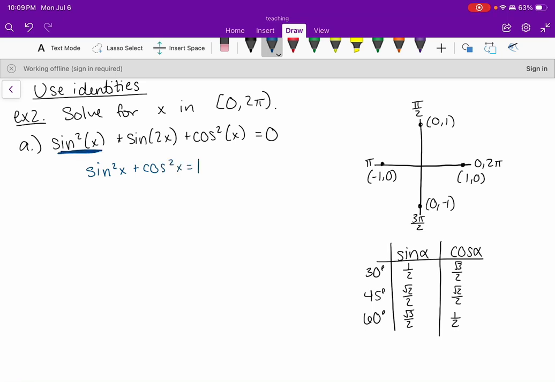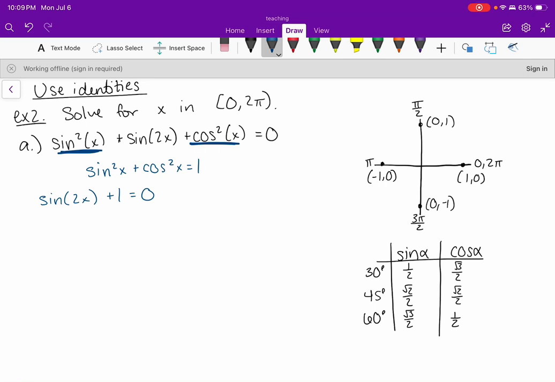So that means these two pieces can go away and I can just replace them with a 1. So what I'll have now is sine 2x plus 1 equals 0.